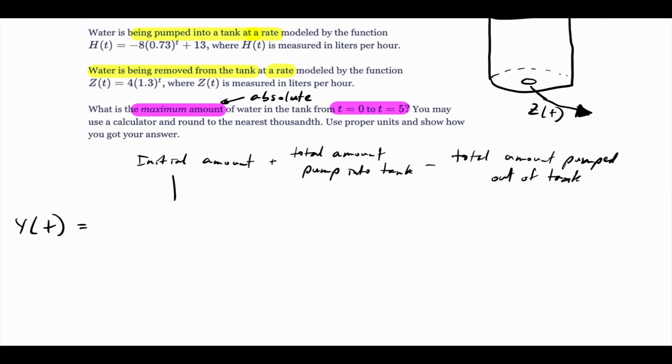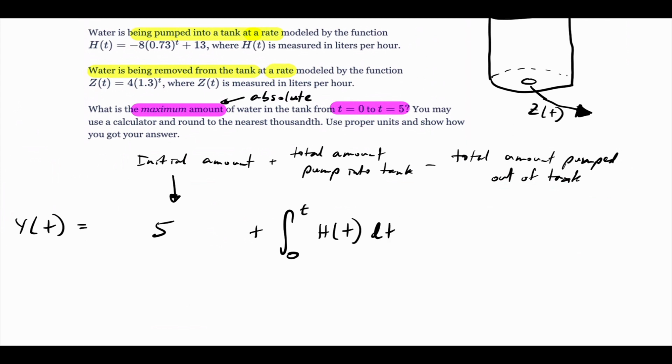Well, we know the total amount is 5 plus. How do we find the total amount pumped in? Integrate. Okay, integrate from 0 to t of h of t.